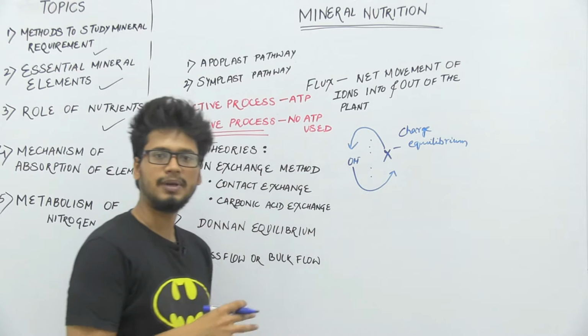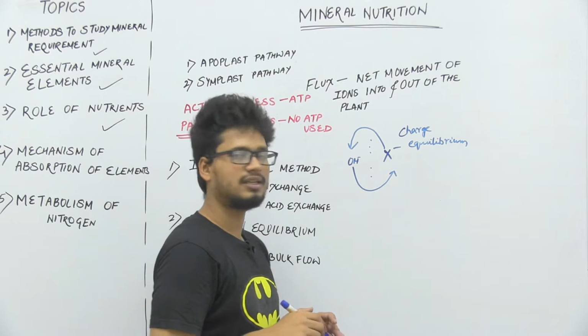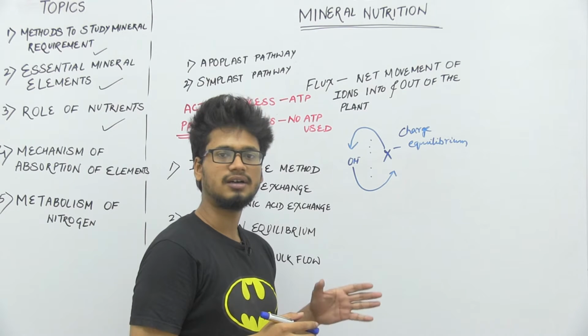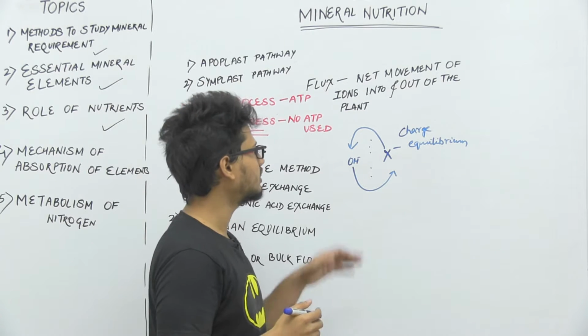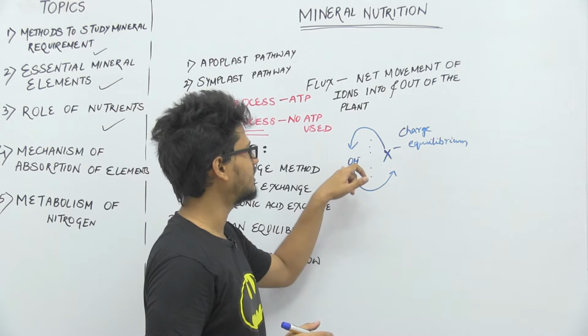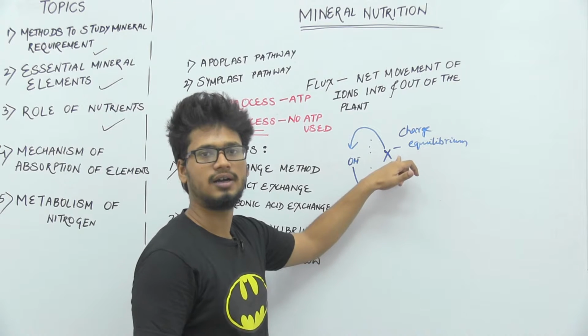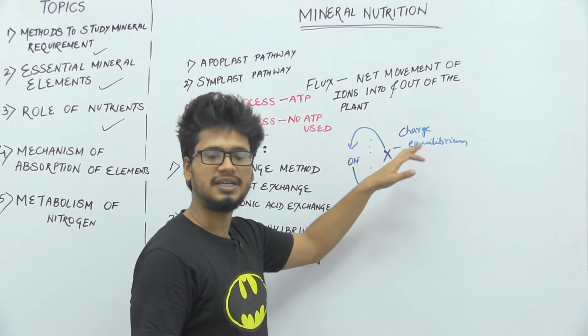In short, the plant has to maintain some amount of positive or negative charge at a very fixed amount. So if I'm sending a negative ion outside, I'm also taking a negative ion, or anion, in exchange for that.